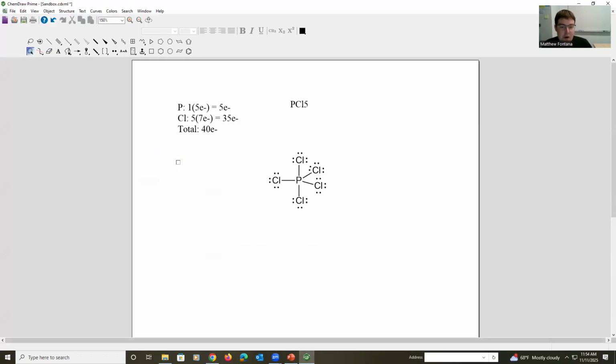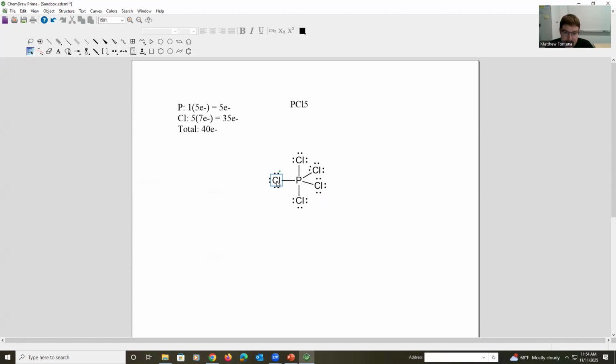If we go back here, we just need to double check. We have an expanded octet on phosphorus. That's good. We have a full octet on chlorine. That is good. Now we just need to check that we're using 40 electrons in total. If you count here, we have 2, 4, 6, 8 electrons from chlorine, and then another 8 over here.